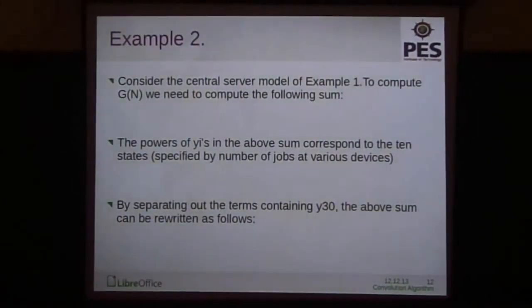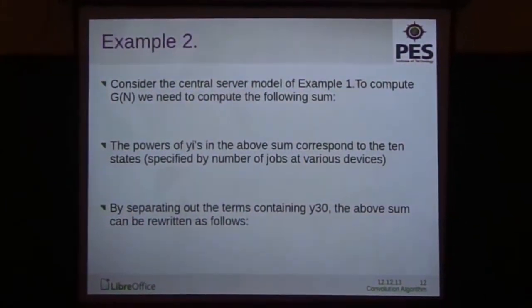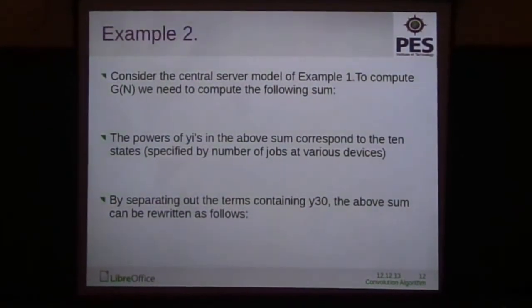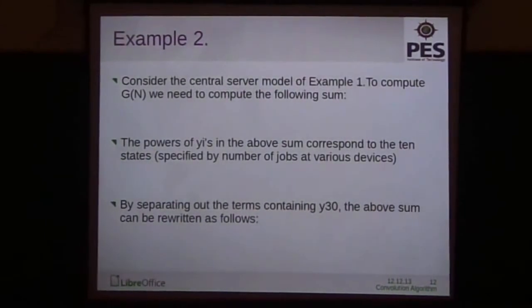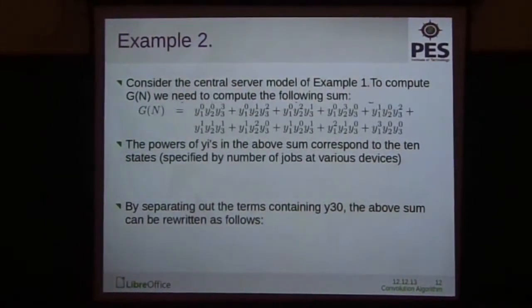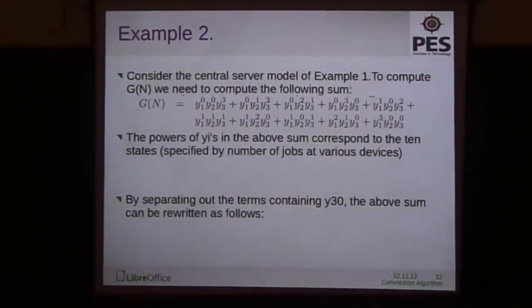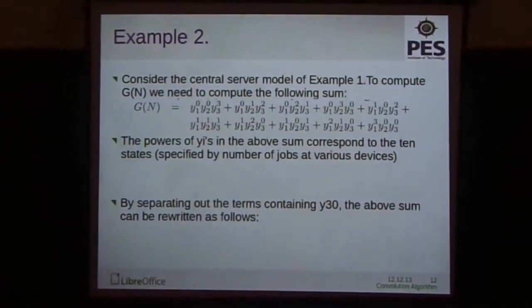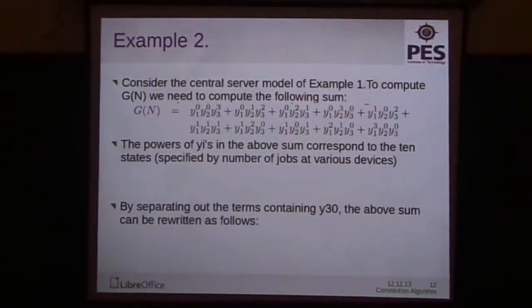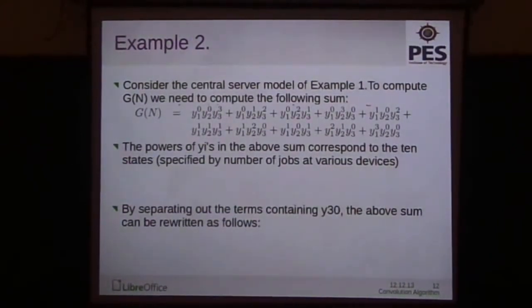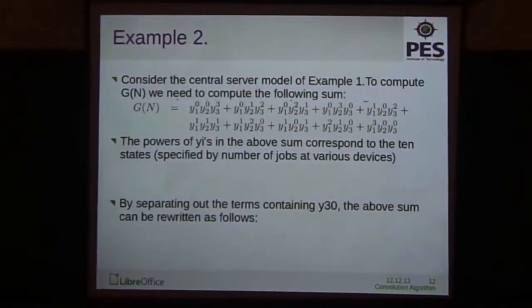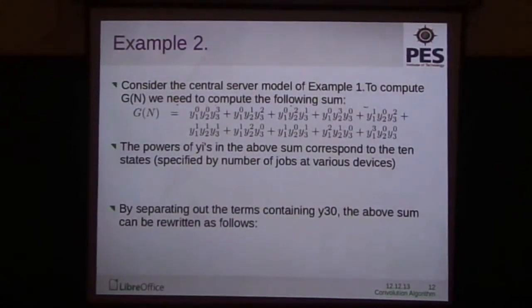So, consider the central server model of example 1. To compute gn, we need to compute the following sum. gn equals y1 to the power 0, y2 to the power 0, y3 to the power 3 plus y1 to the power 0, y2 to the power 1, y3 square, plus y1 to the power 0, y2 square, y3 to the power 1, this way.